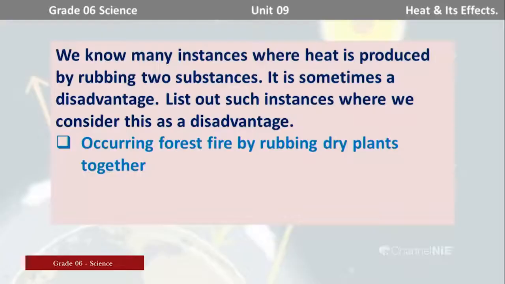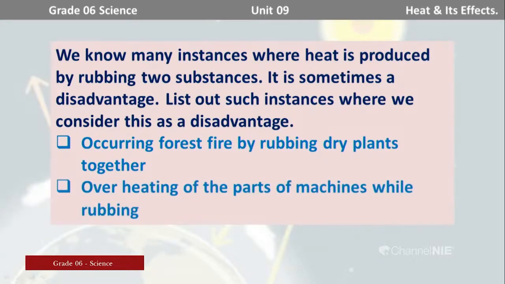Forest fires occur by rubbing dry plants together. I think you know about forest fires or wildfires. They occur in the forest by rubbing dry plants together. So, that is a disadvantage. Let us see the second one: overheating of the parts of machines while rubbing.